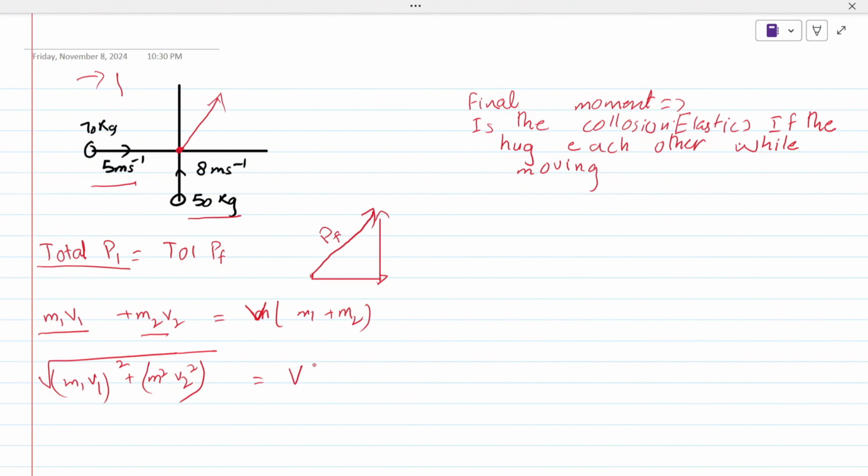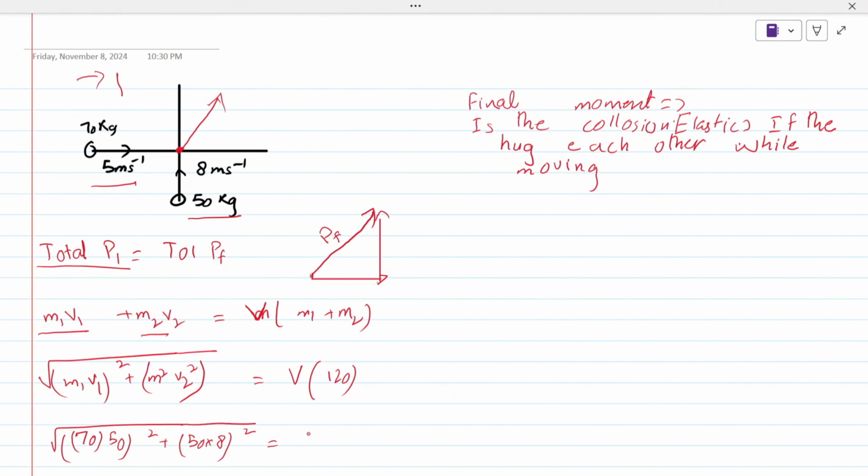What would be the sum of m1 and m2? 70 plus 50, it would be 120. So calculating it, this would be the square root of (70 multiplied by 5) whole square plus (50 multiplied by 8) whole square.